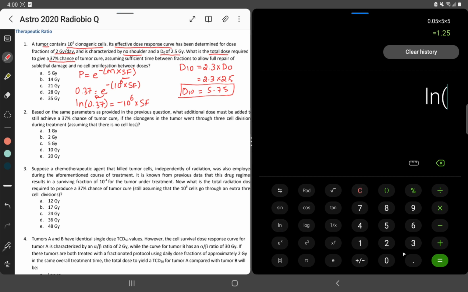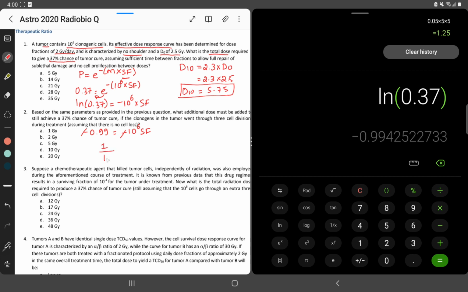So ln of 0.37 gives us minus 0.99, equals minus 10 to the power of 6 into SF. Minus minus gets cancelled. Taking this as 1 divided by 10 to the power of 6 equals SF. So SF equals 10 to the power of minus 6.